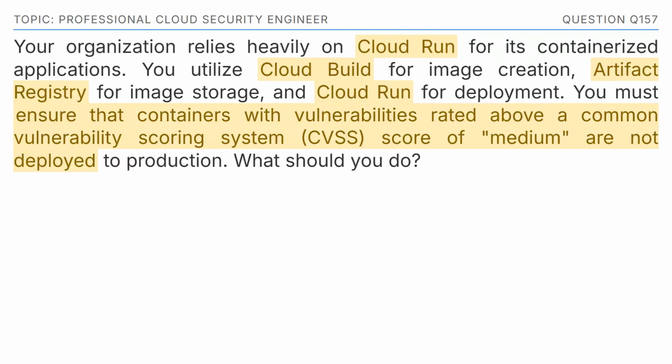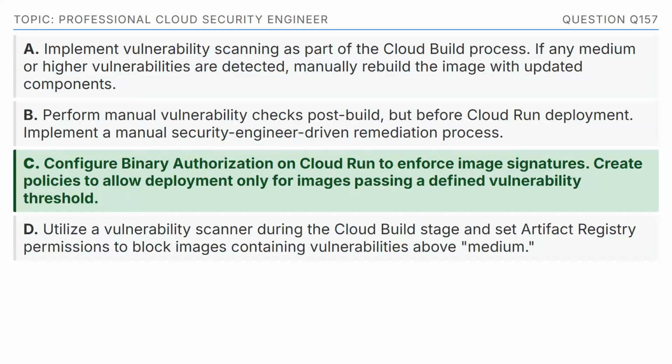To arrive at the correct answer, we focus on the keywords Cloud Run, Cloud Build, Artifact Registry. Ensure that containers with vulnerabilities rated above a Common Vulnerability Scoring System (CVSS) score of medium are not deployed. Correct answer is option C. Configure binary authorization on Cloud Run to enforce image signatures.